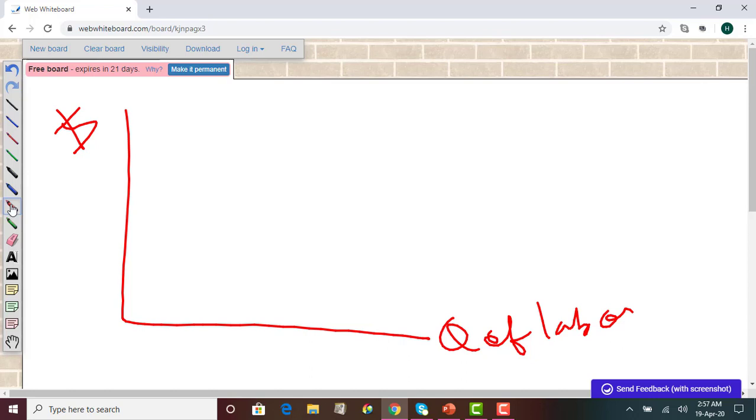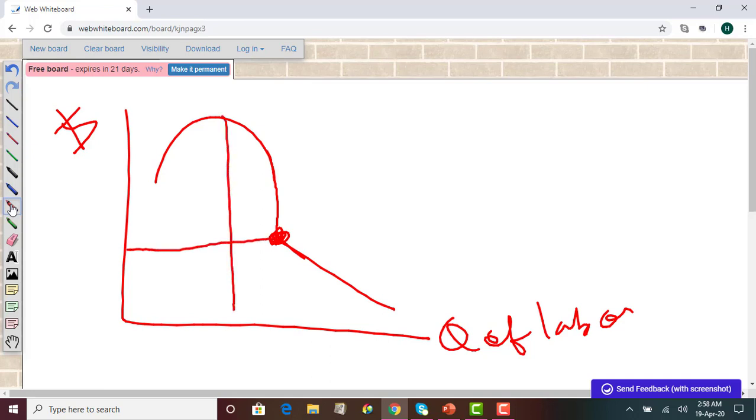So the graph looks like this. And then again, basically it says, the marginal factor cost increases. As marginal factor cost increases, up to a certain point you will hire more, and then it will go down.